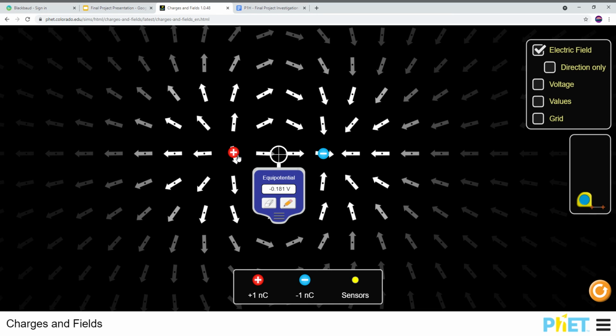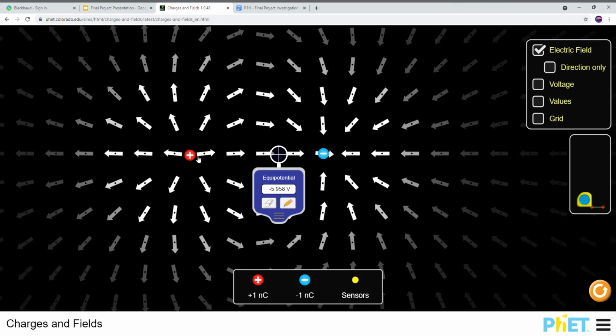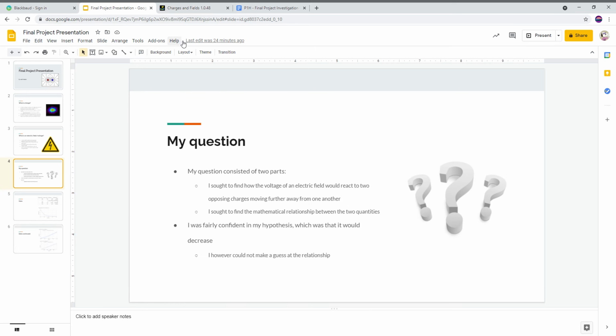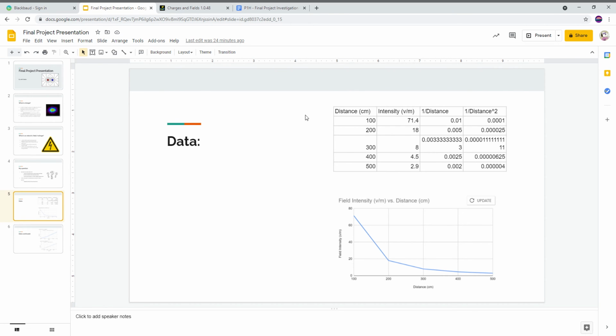Then for each trial, I would move each particle equal distances away and see how it would affect the voltage in the center. After I graphed this, I can see I said it wrong: I started at 100 centimeters distance between the two and increased all the way to 500.